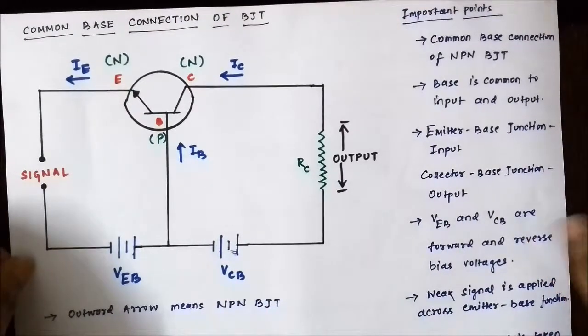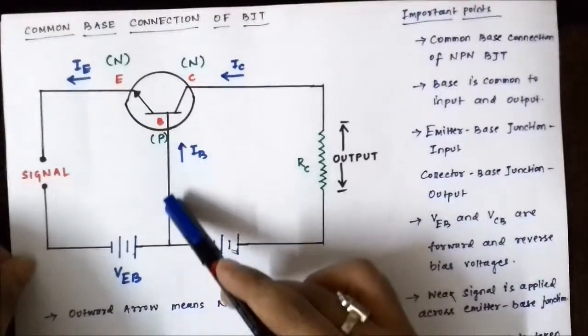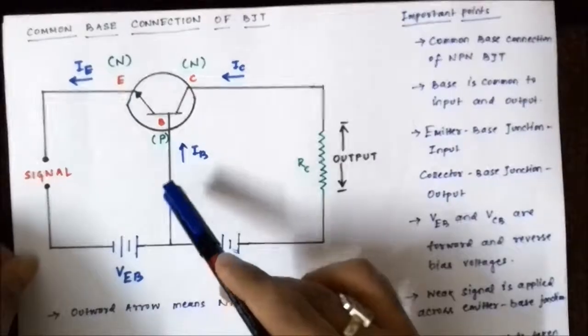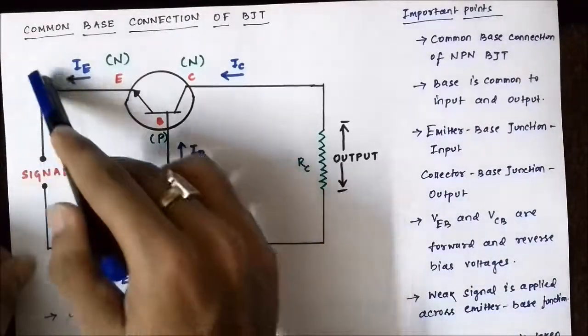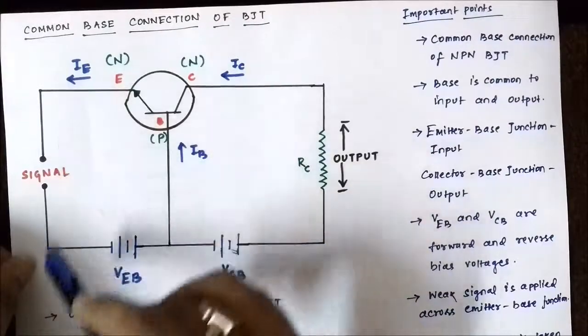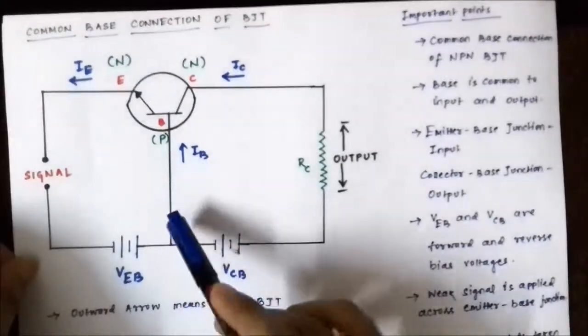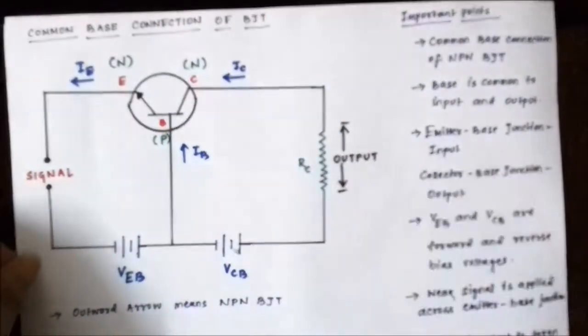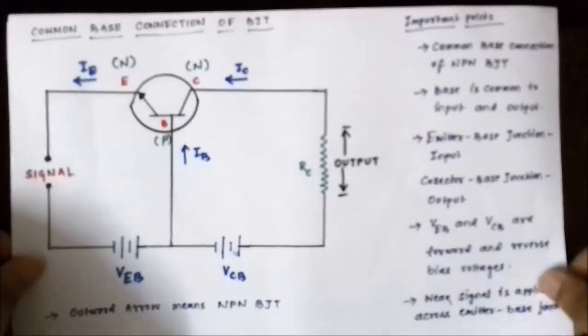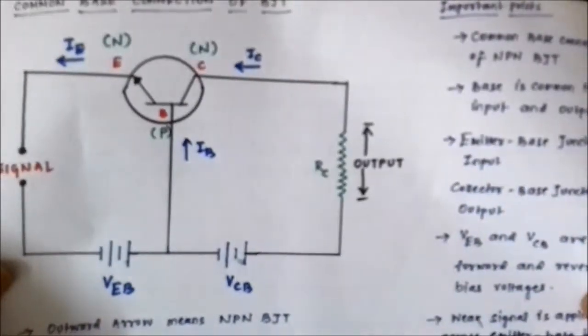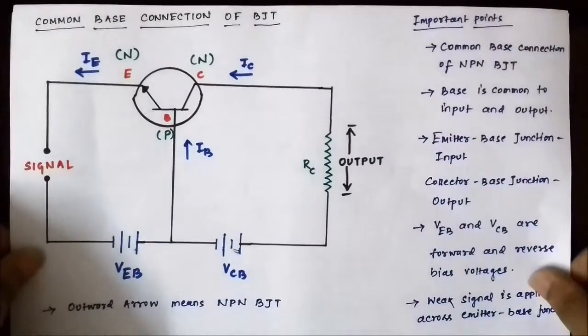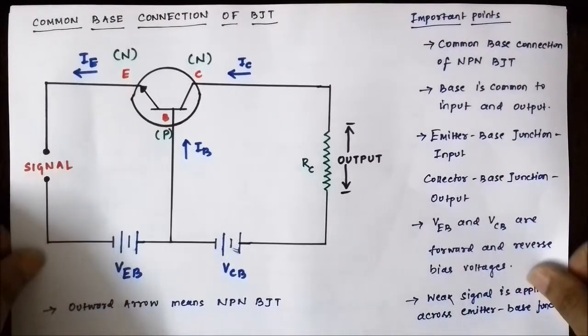Now here, notice that this base terminal is common to both the input towards the left, this is the input terminal, and it is also common to the output towards the right. The base terminal is common to both the input and the output.